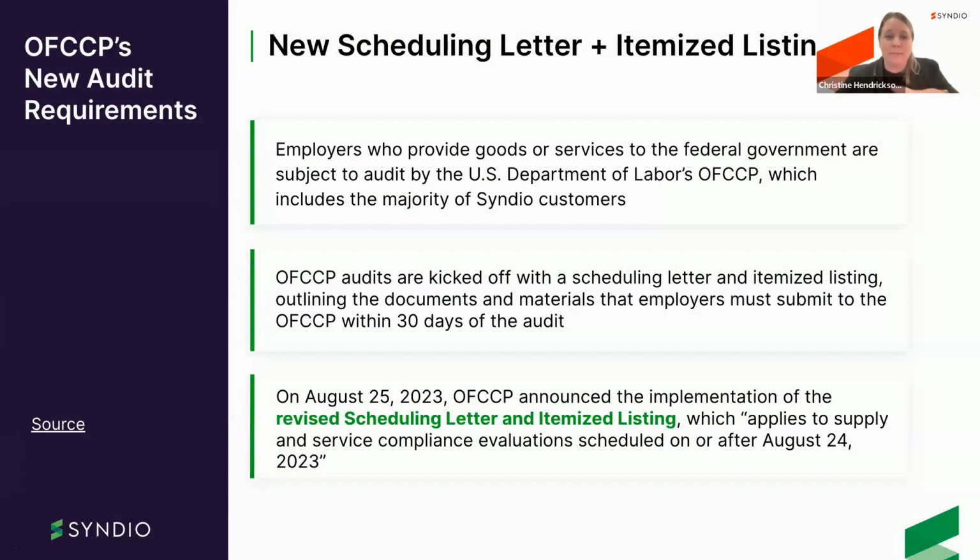The majority of Syndio customers are also federal contractors, so there's this kind of direct impact. In fact, many of our customers use the Syndio platform to comply with the compensation portions of their OFCCP obligations. You're subject to audit if you're a federal contractor or subcontractor, and every single compliance evaluation kicks off with a scheduling letter.